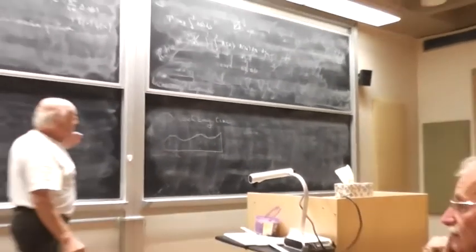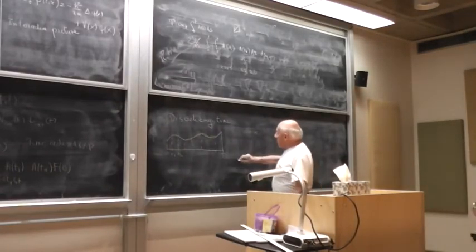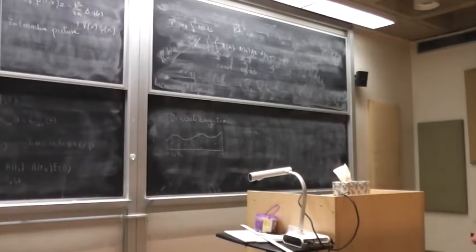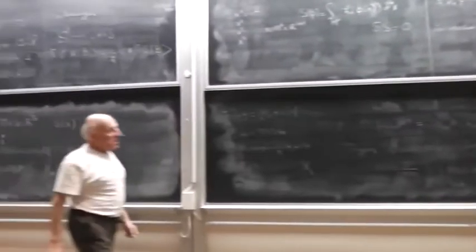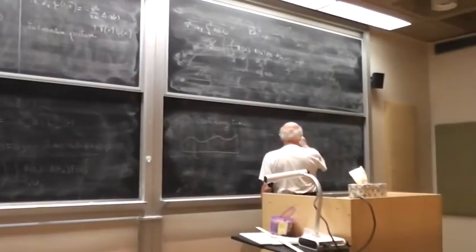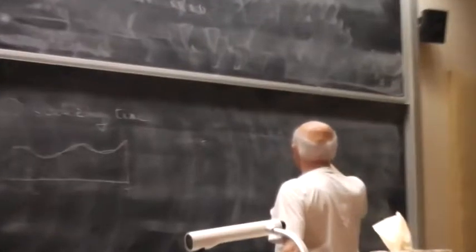That amounts to replacing the action, which is this one, by a discretization, which is as follows. You have the intermediate times 0, t1, and so on up to tn, and t.